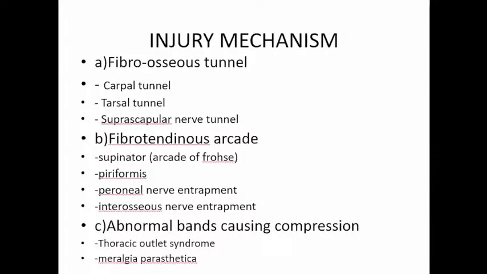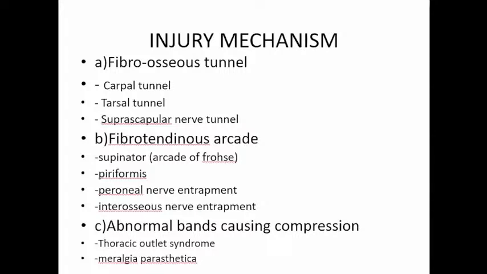And the other mechanism apart from fibro-osseous tunnel is fibrotendinous arcade, like in the supinator in the elbow. Piriformis syndrome would occur in the gluteal region where the piriformis muscle is.